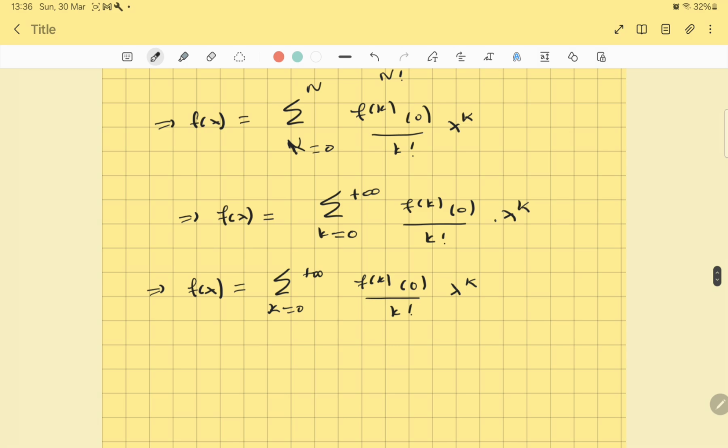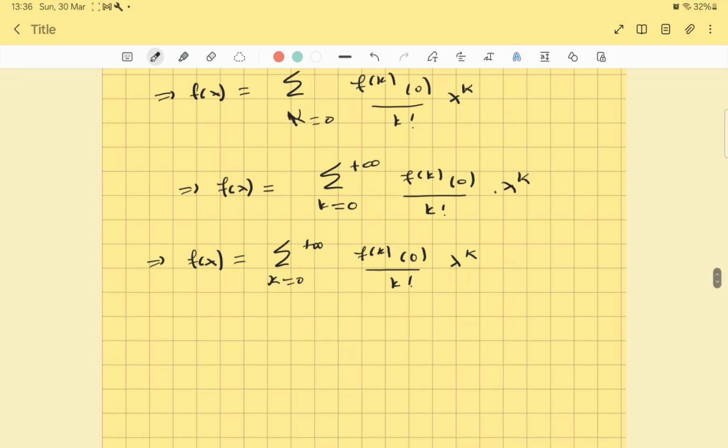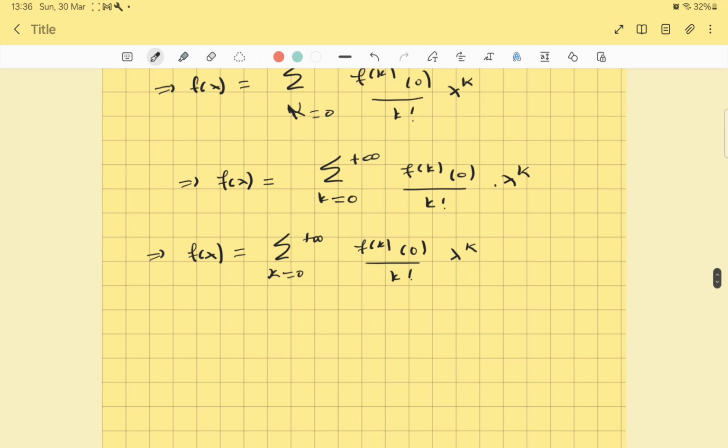I can represent the function as a power series, and the coefficients of this series involve the function and its higher order derivatives. So I have a function expressed as a polynomial where the coefficients of this polynomial involve the value of the function at some point x0 and the higher order derivatives.